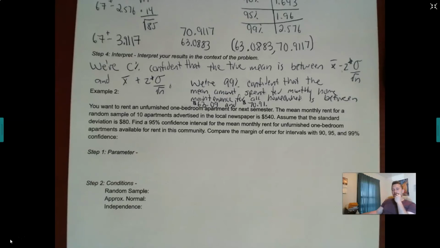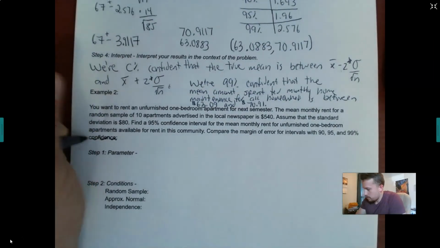Assume that the standard deviation is $80. Find a 95% confidence interval for the mean monthly rent for unfurnished 1-bedroom apartments available for rent in this community.